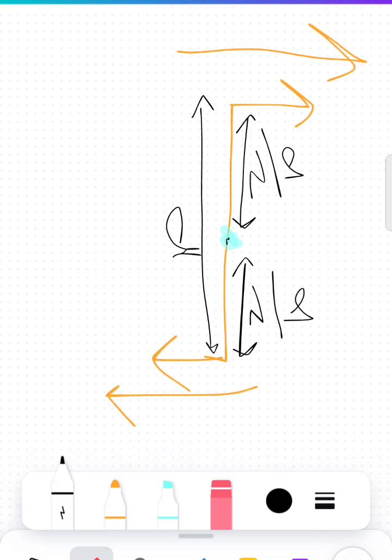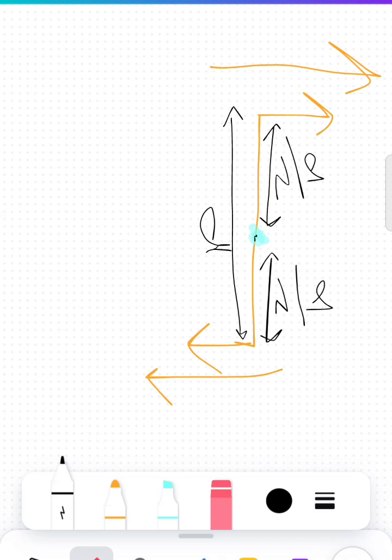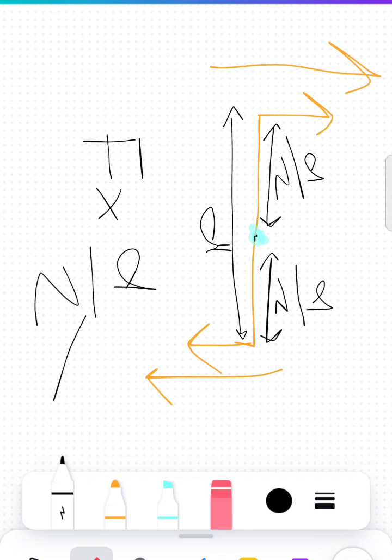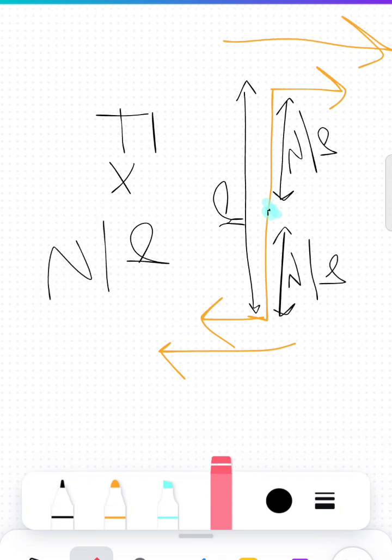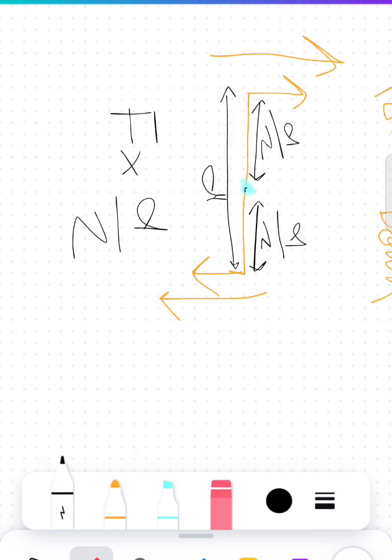For calculating moment of force, we will use the formula F into perpendicular distance. So force is F and perpendicular distance is d by 2. Since the movement of the wooden plank is in clockwise direction, we will write here clockwise.